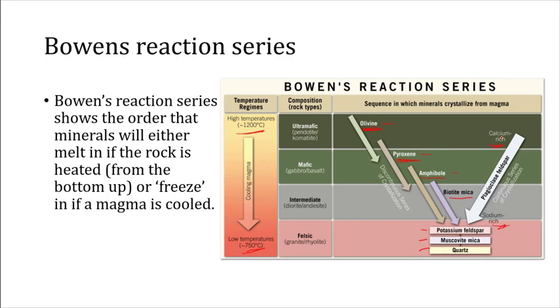If your magma is cooling, the first plagioclase feldspar to solidify is going to be the calcium-rich version, and then as the magma continues to cool and minerals continue to solidify out of it, you get more and more sodium. So as that magma cools, you add sodium to that mineral.